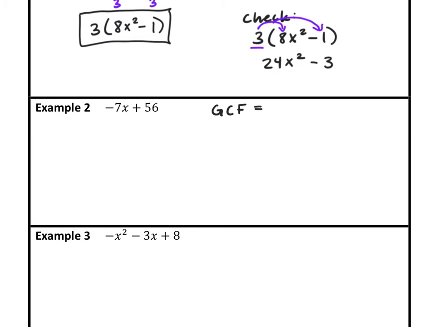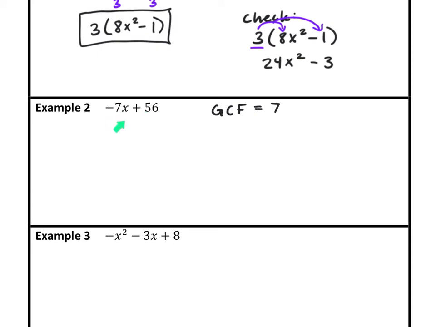Can I divide 56 by 7? Yes. Can I divide 7 by 7? Yes. So both of these numbers are divisible by 7. So that's one of my common factors, or my greatest common factor.